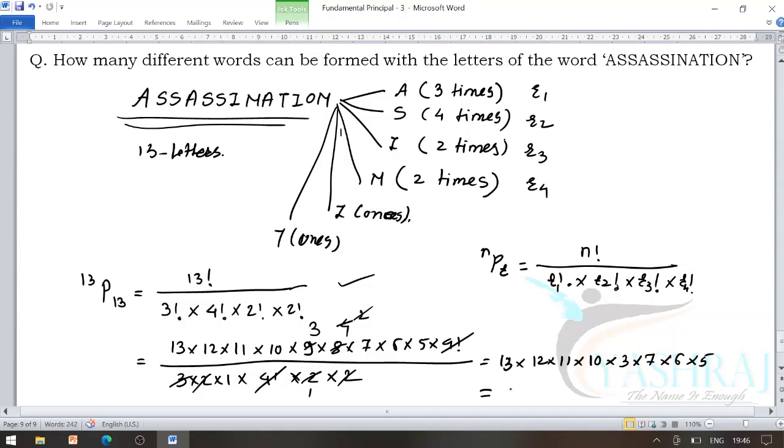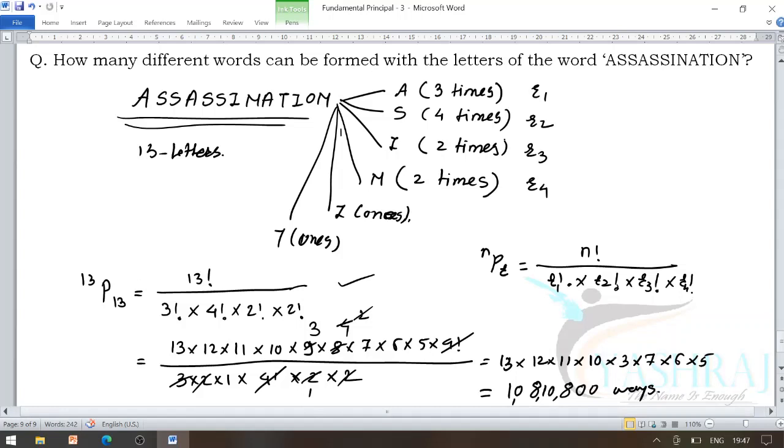We might say 10,810,800. That means we have 1,08,10,800 words that can be formed by using the letters in the word assassinations. So that much number of ways we have. No need to evaluate this figure, you may keep it as it is.